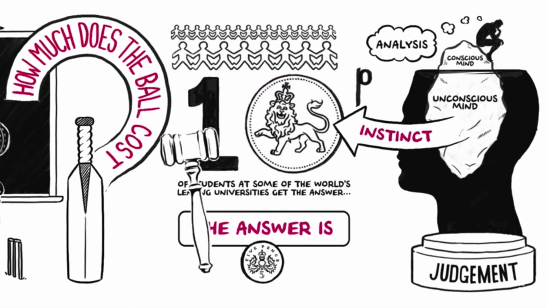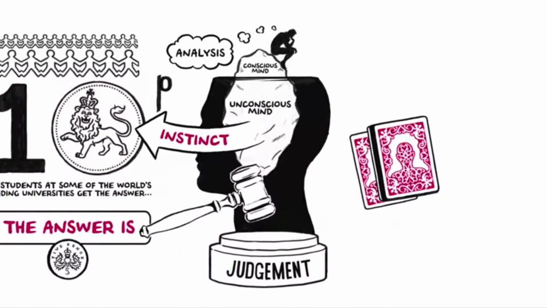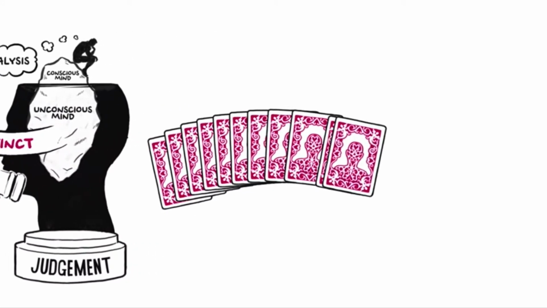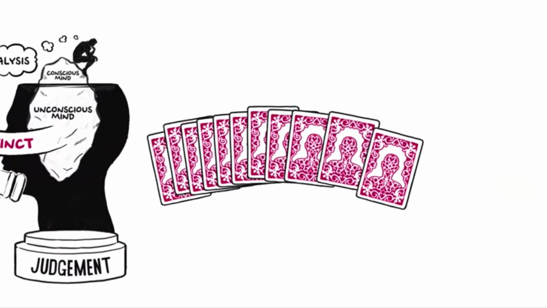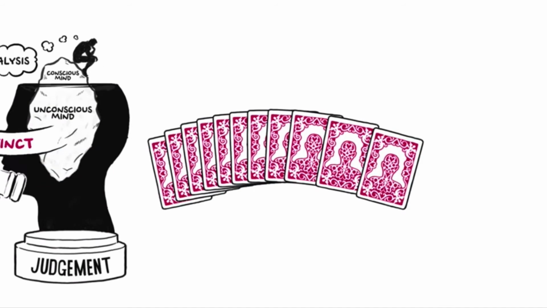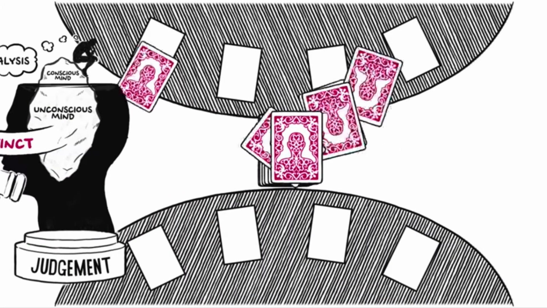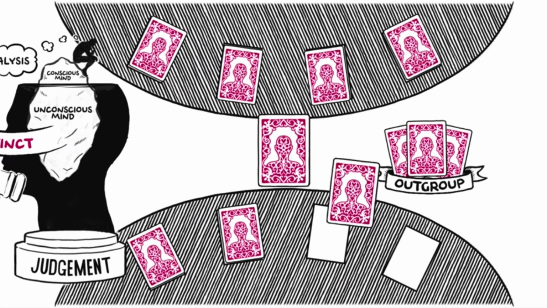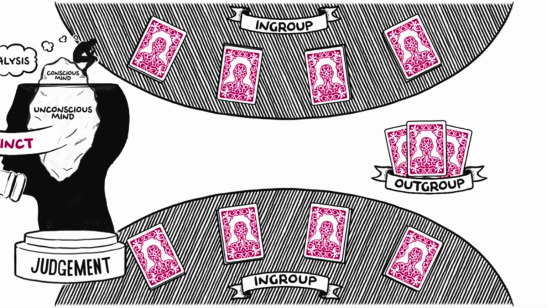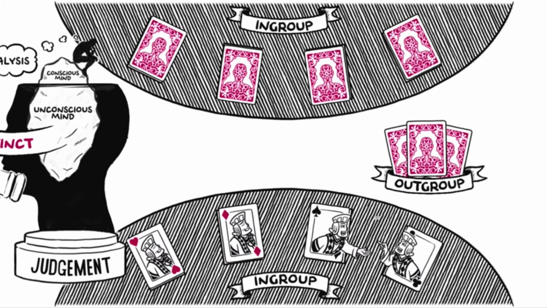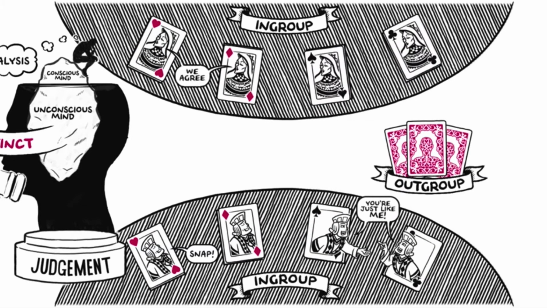It's also biased. It makes snap judgments of people we meet, categorizing them according to gender, social, and other characteristics. In milliseconds, we judge whether somebody is like us and belongs to our in-group. These are the people we favor. So men might favor men, while women might favor women.